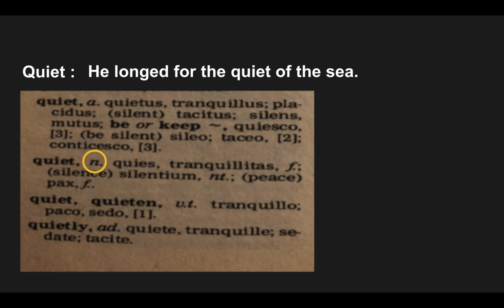I also have silentium and pax. Now notice that silentium has silence before it and pax has peace before it. What those are telling you is that these are words that are not necessarily quiet, but they might get to what you want it to mean, maybe better than the term quiet.